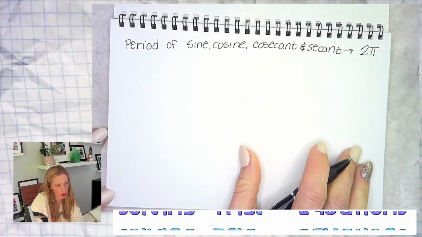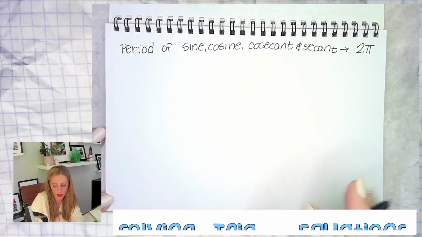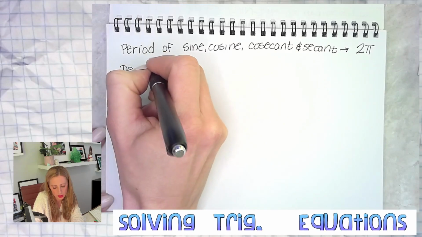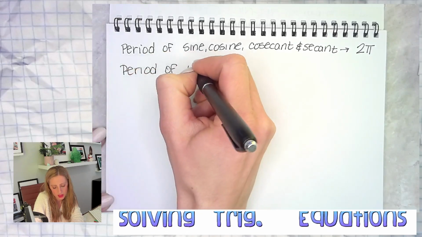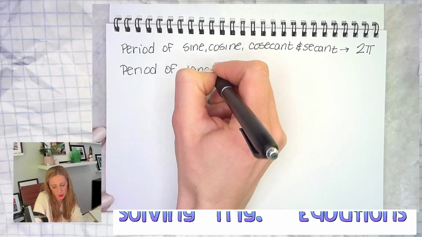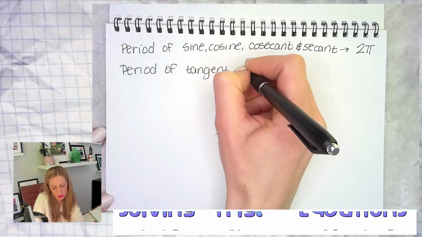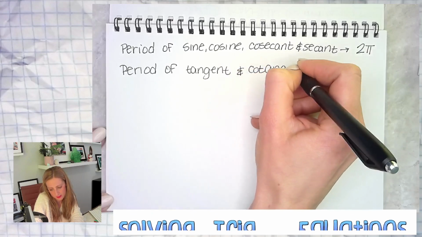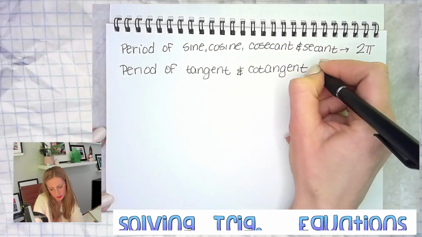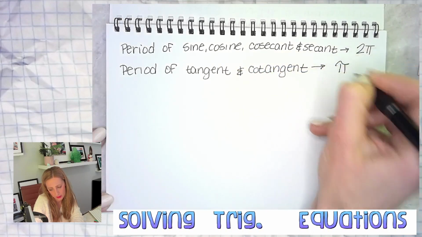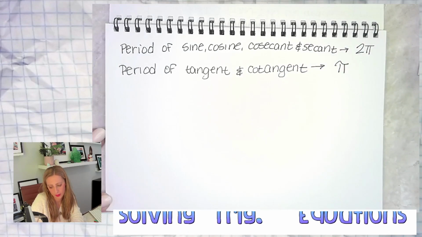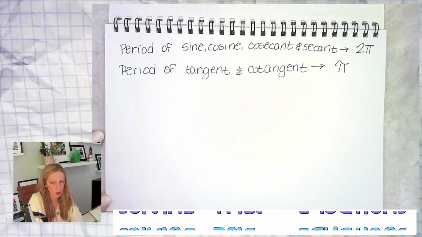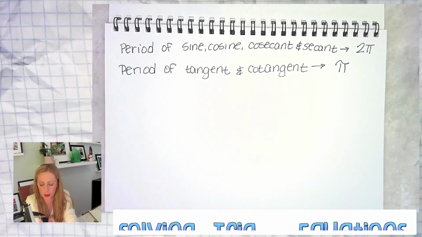You're going to make sure you have that in your notes. Write that down. I'm not writing it just for me, I'm writing it for you. And then the period of tangent, and we'll go over these definitions a little bit more in the future, but this is important now, so we'll make sure we include that. Tangent and cotangent, pi. Okay? So make sure you just jot that down, write it. It helps you memorize it a little bit better.